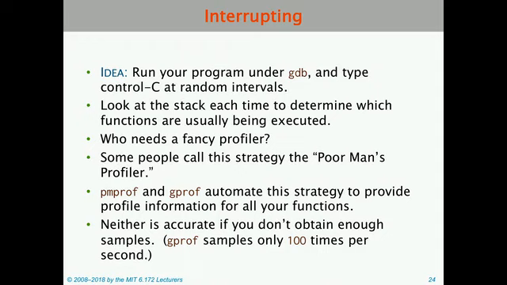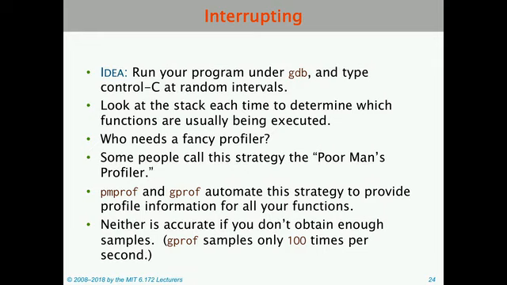Now, there are some other things. The poor man's profiler, and people have built things like gprof and so forth to automate this strategy, so that it automatically accumulates information, looks at the stack, what's being executed, puts that into a call graph and so forth, and figures out where the time is going. But neither of those is accurate if you don't obtain enough samples.